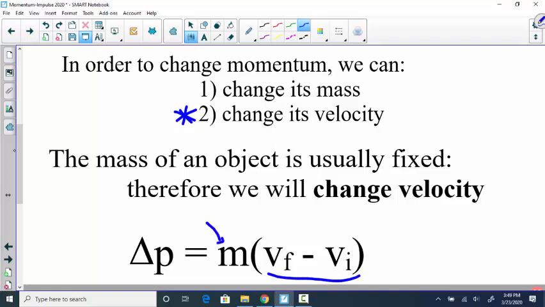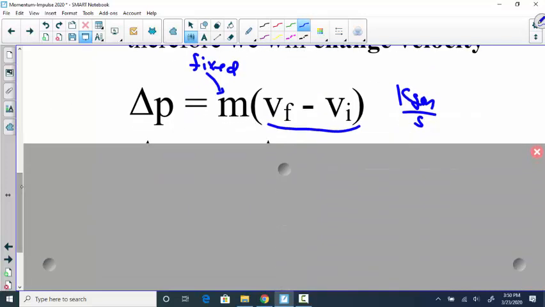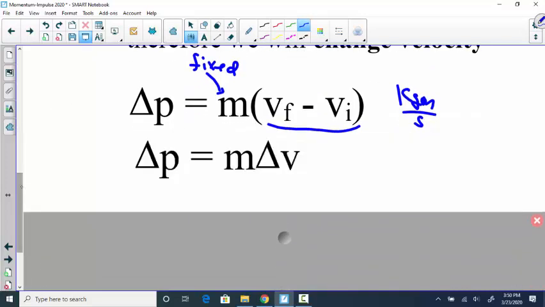Okay, so this we're going to keep fixed. And you'll notice your units won't change any. You'll still have kilograms, meters per second. Just because we look at a change in velocity, that's not going to change our units. And then we would shorten this to delta V if we wanted to, which is still our change in velocity.